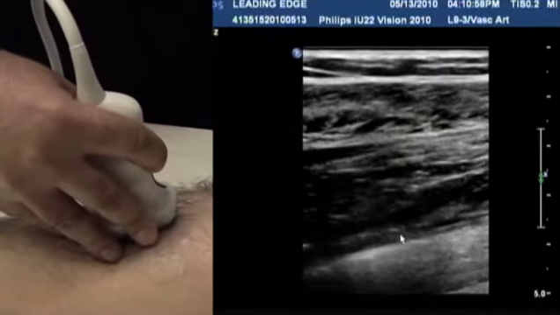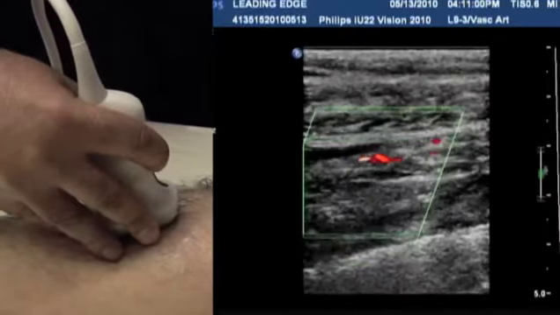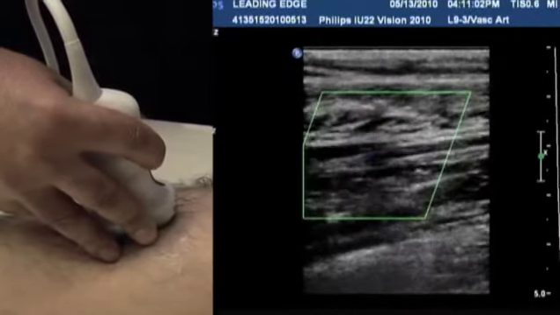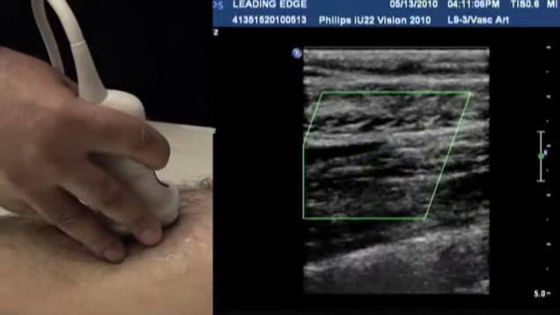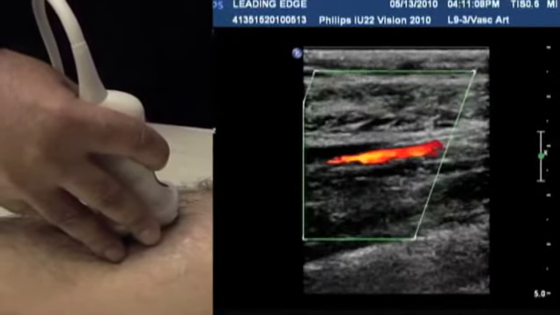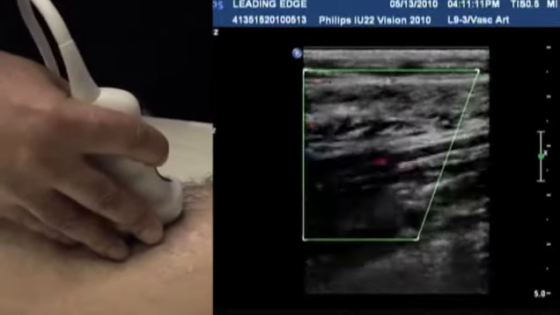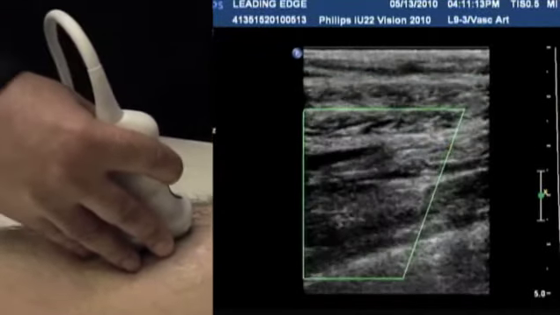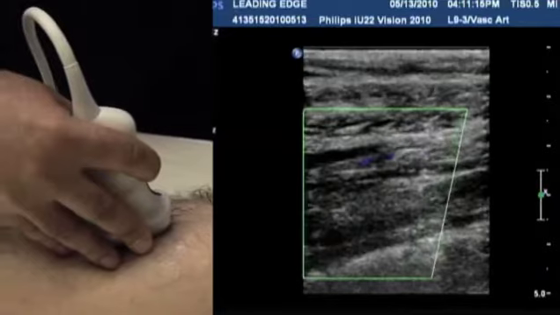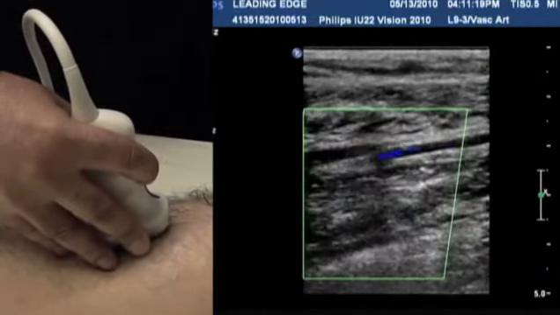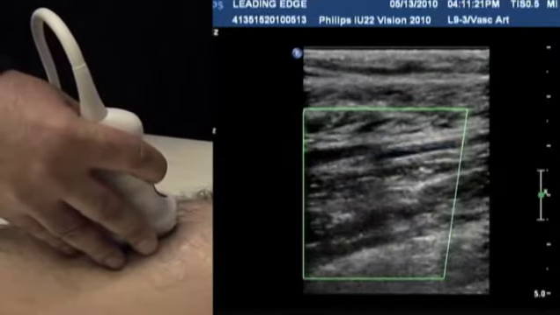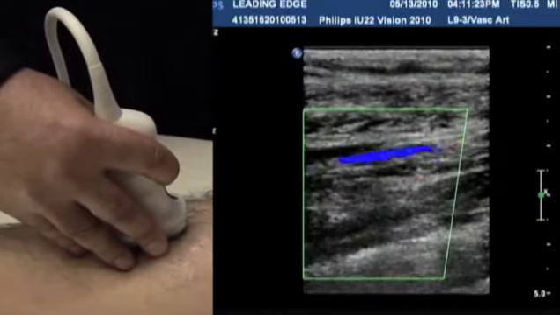And let's just put the color on for a second so we can show you that. Can we make that box just a little bit bigger? Because I want to see if I can show them the posterior tibial and the peroneals in one picture. And maybe let's steer it a little straighter. Good. So there's your posterior tibial artery, and let's see if I can increase the color gain and show you the peroneal.